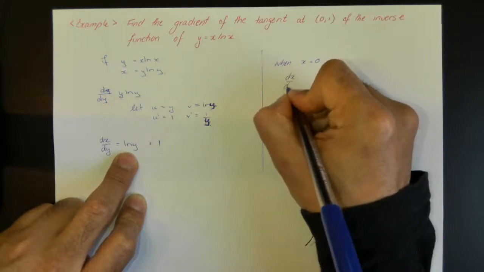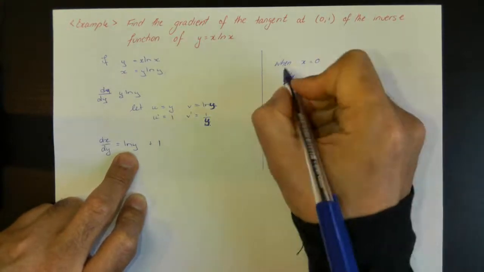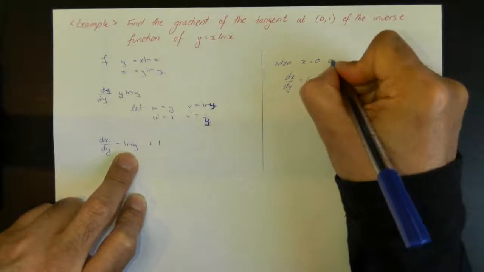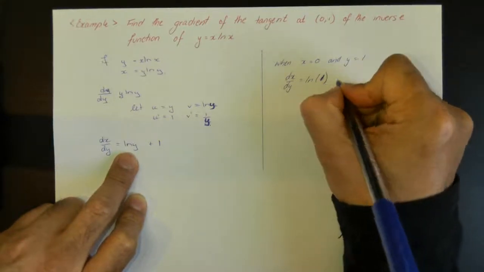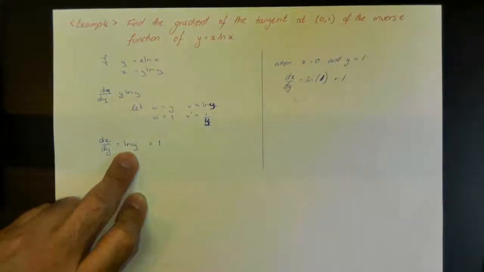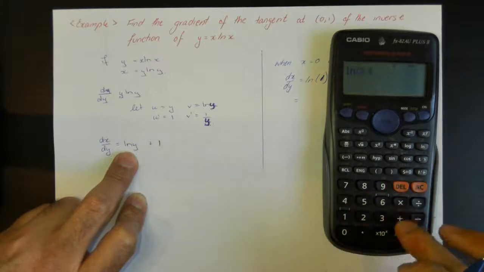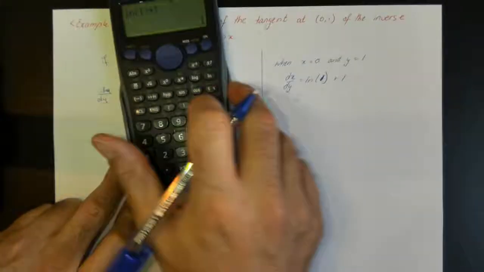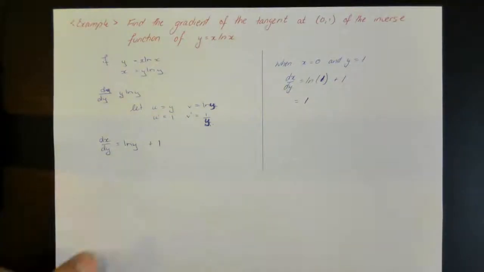Oh, sorry, y equals 1. Sub in 1. So dx on dy is log of 1 plus 1. I get a solution of 1. And that's the answer. Good luck.